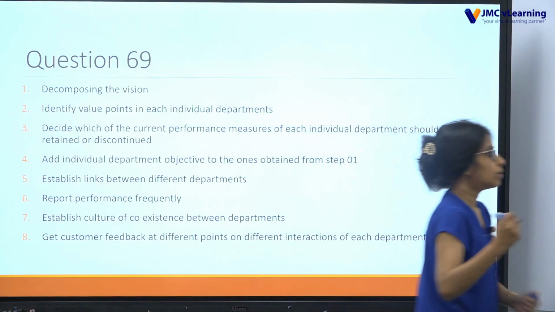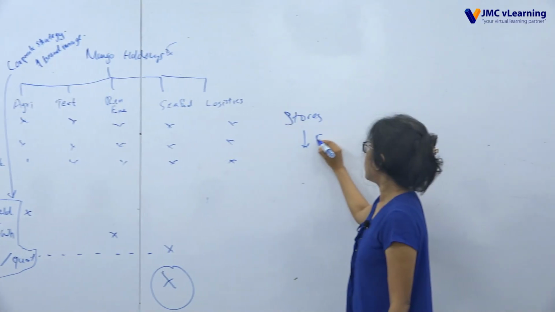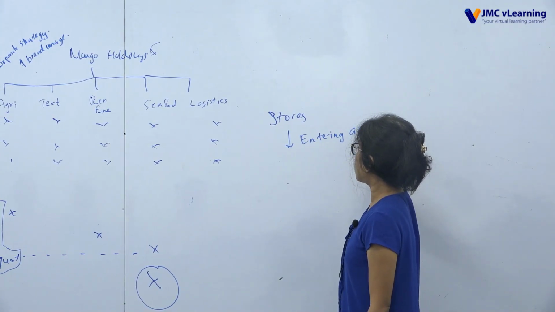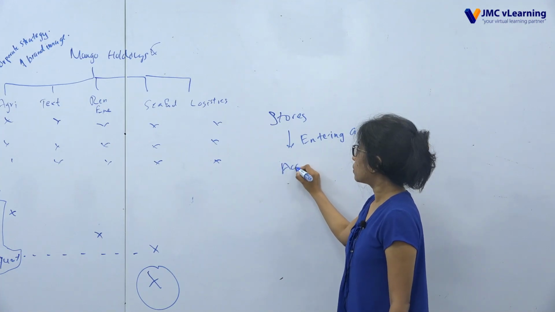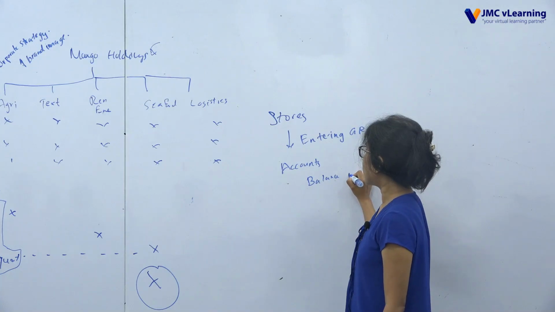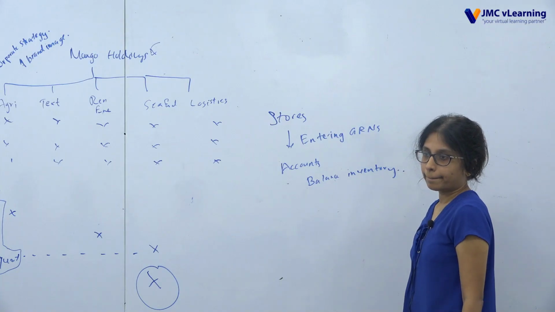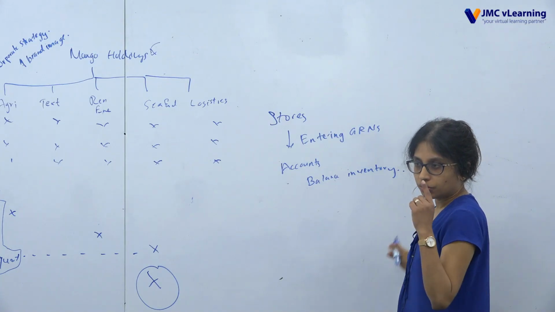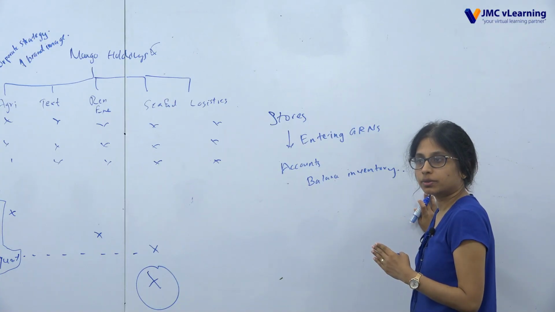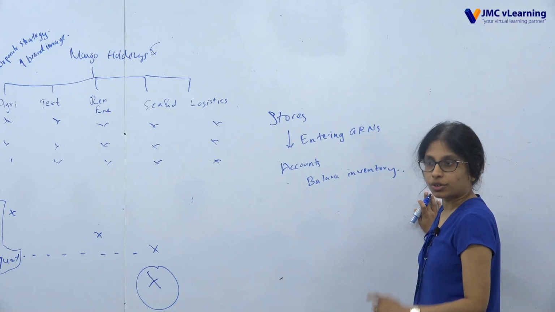Without them entering their GRNs, accounts cannot balance the inventory. Is this correct? Likewise, without one division doing their job properly, the other division can't complete their job. So there are interdependencies. So it's very important that you identify them.